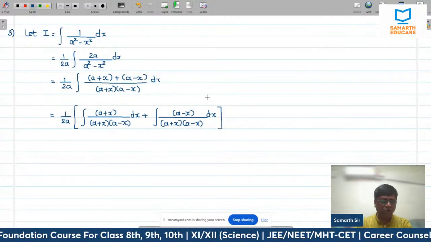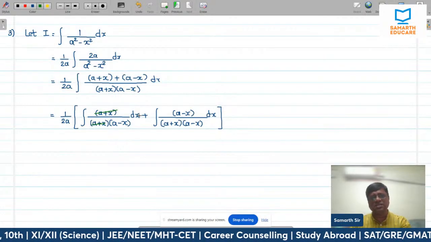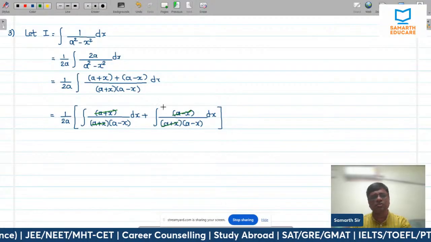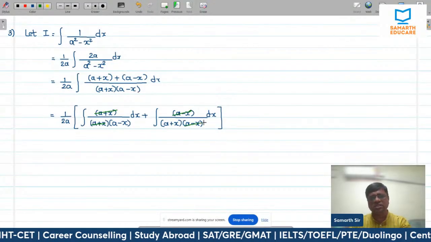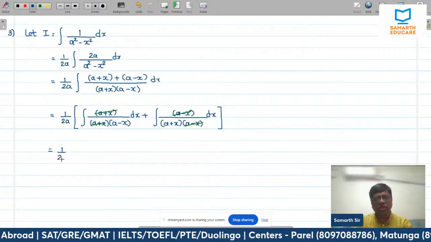All right. Now just like the previous one, a plus x gets cancelled, a minus x gets, I'm so sorry, a minus x gets cancelled. Okay, so this is equal to 1 upon 2a.